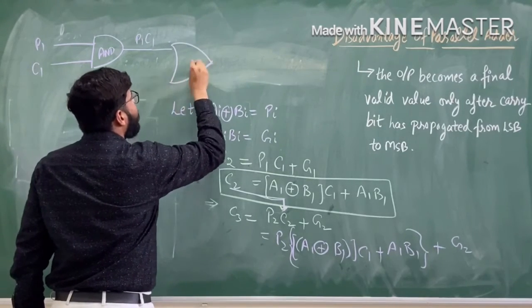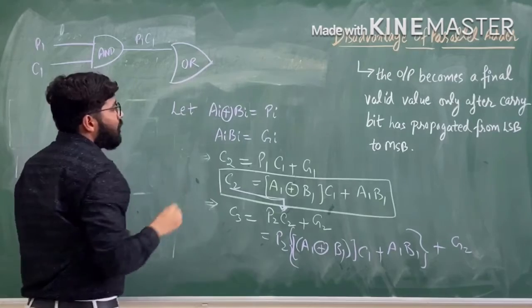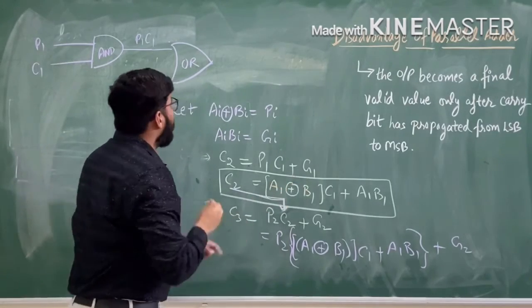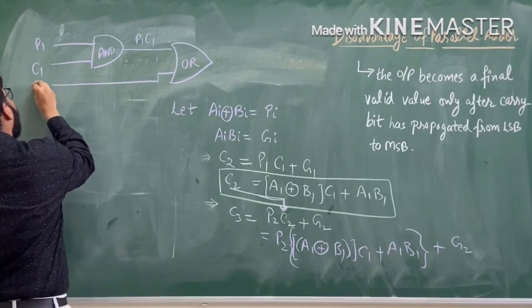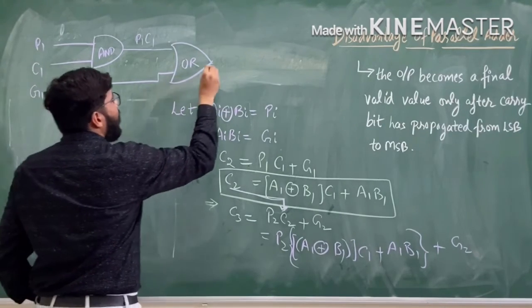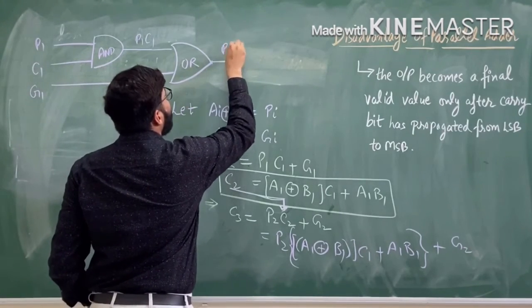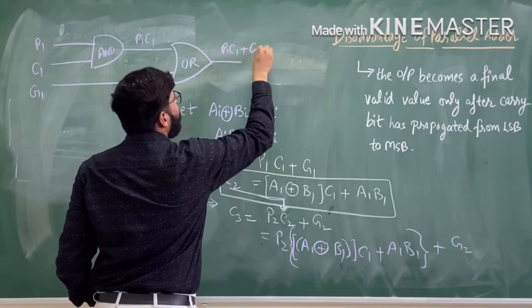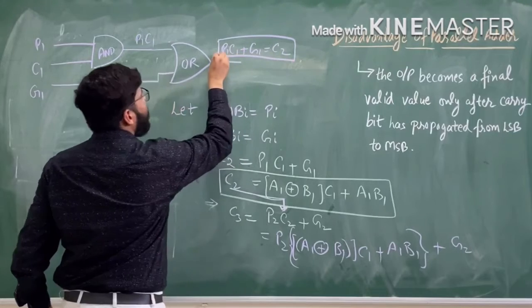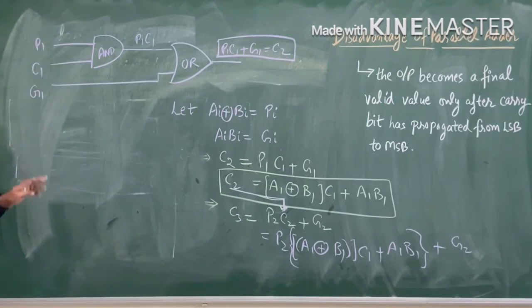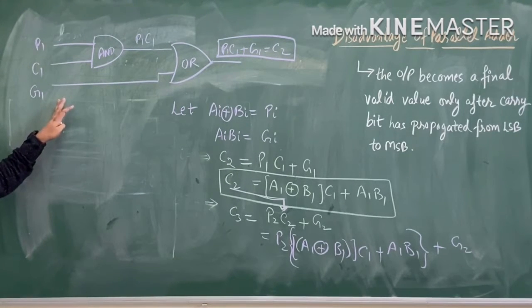G1 comes from here to the OR gate, and we get P1 C1 plus G1, which equals C2. This is the output of the second adder's carry. So in this way we can design a combinational logic circuit.